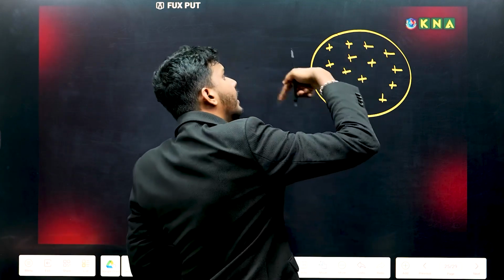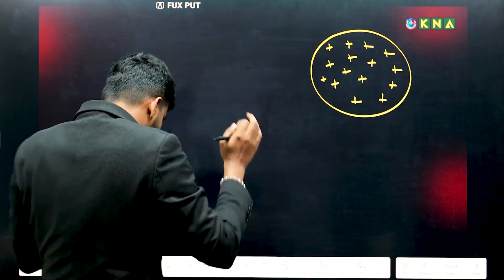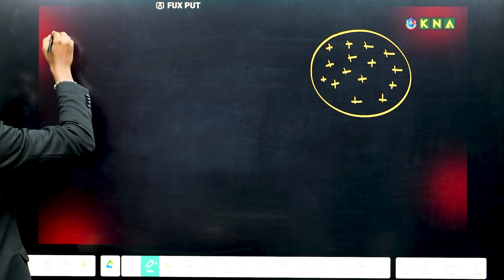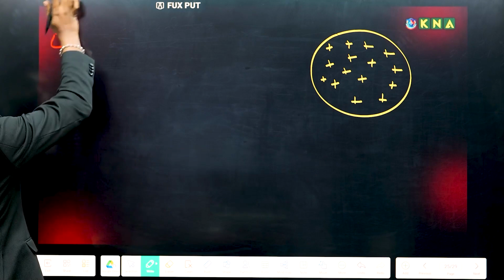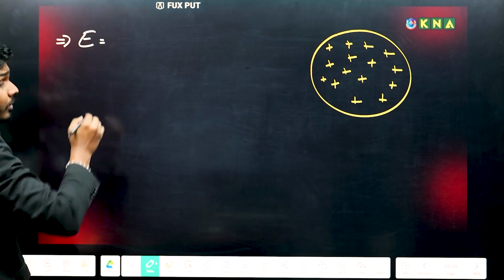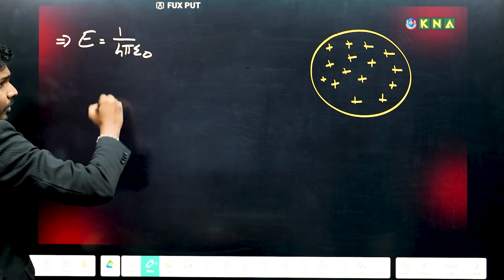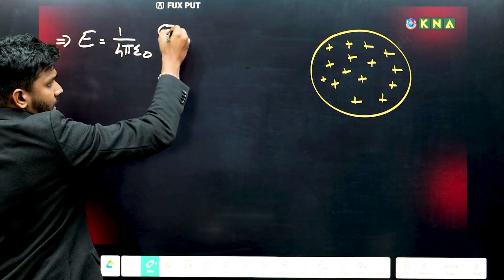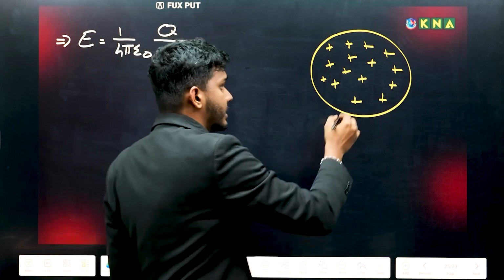Here, what is the electric field outside the surface? Same method, you can find the electric field. Same answer. Electric field E outside the surface is equal to K, that is 1 by 4 pi epsilon naught, into total charge Q divided by small r square, at a distance r.